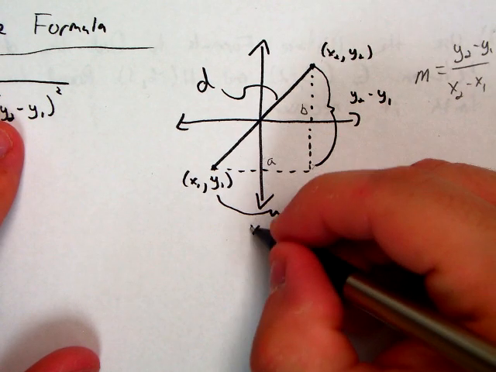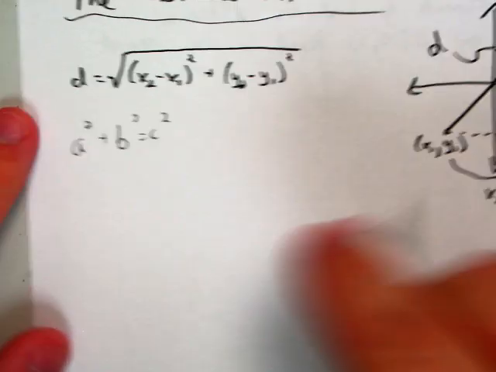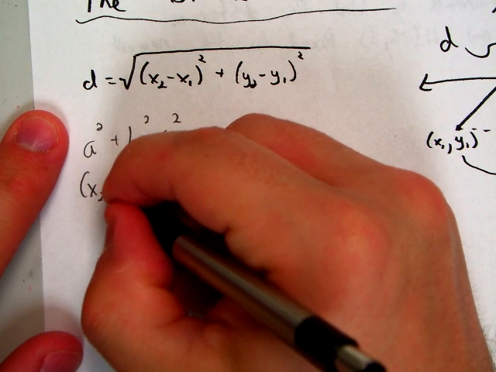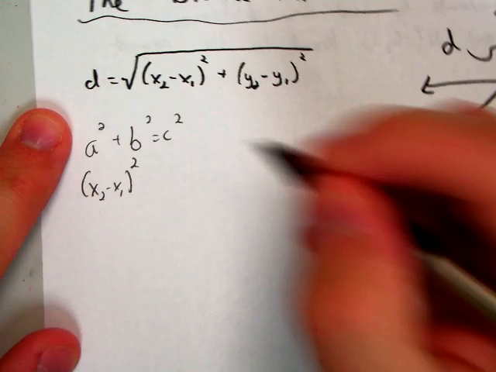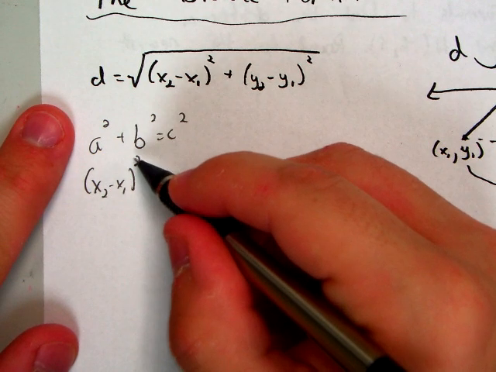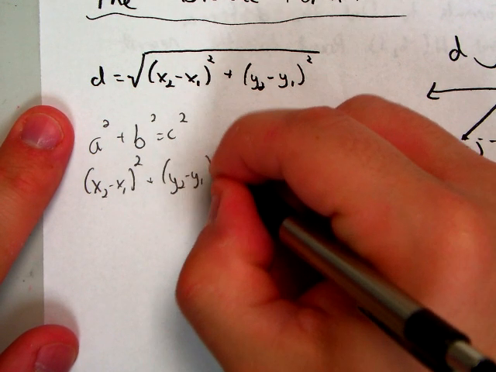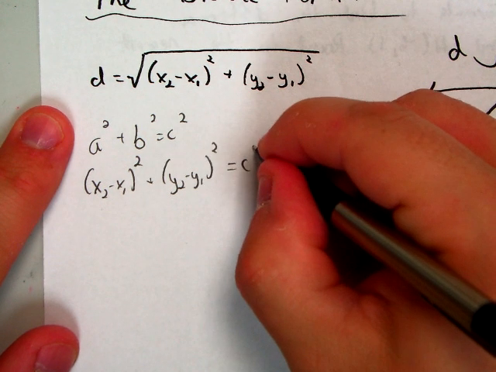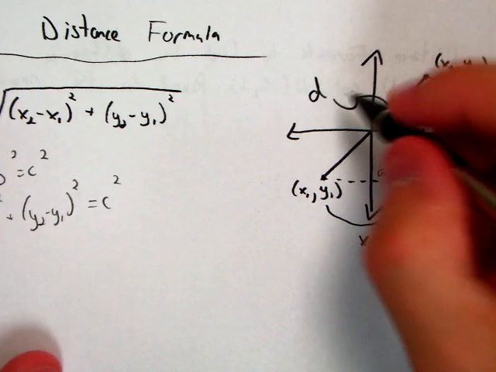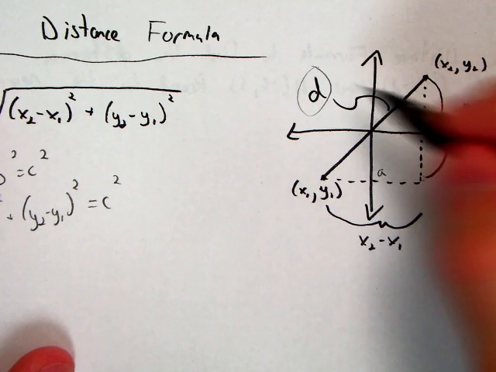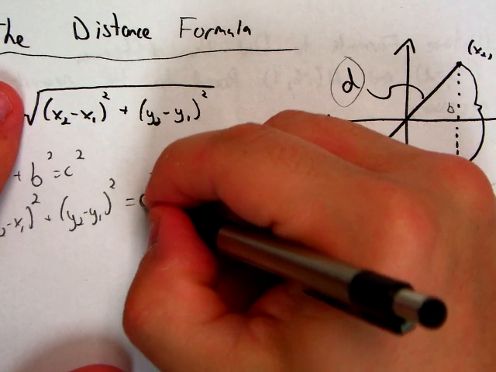So if we utilize x2 minus x1 as A, then we have (x2 minus x1) squared. Same thing here with B, we have (y2 minus y1) squared. That equals C squared. But in this case, C, we're going to represent by the letter D for distance.